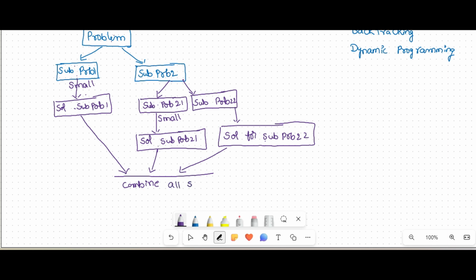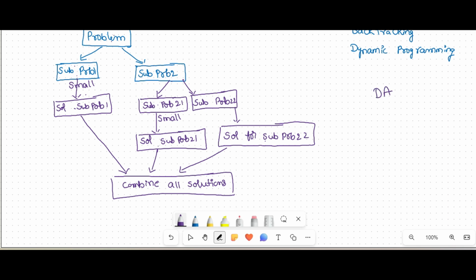Combine all solutions. That is the meaning of the divide and conquer strategy.